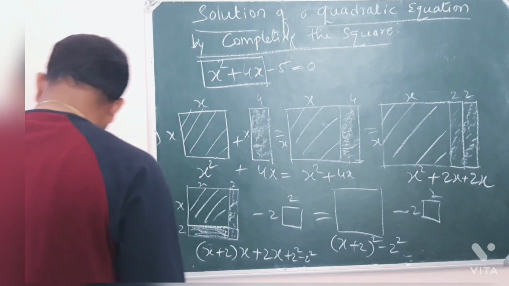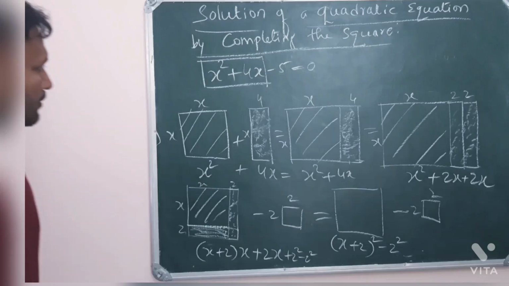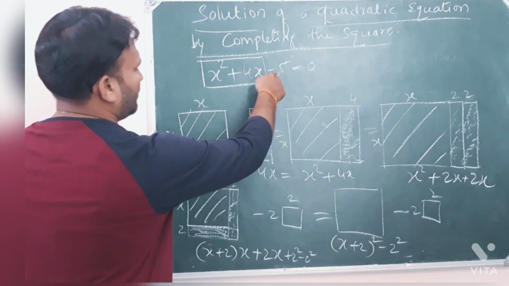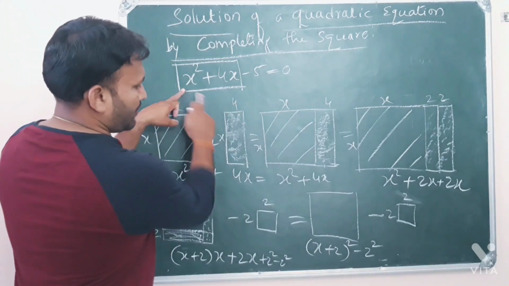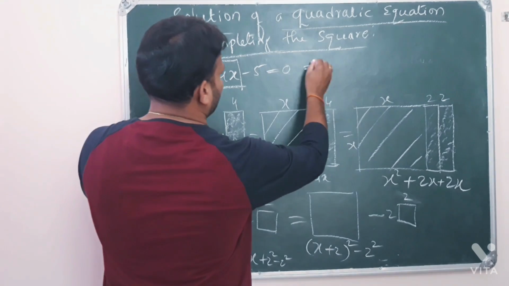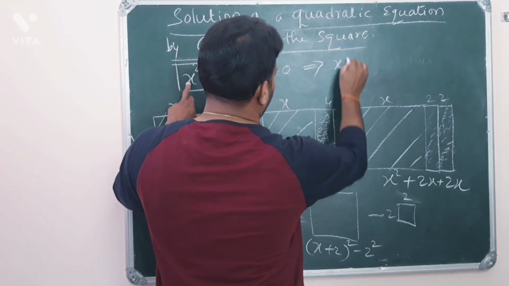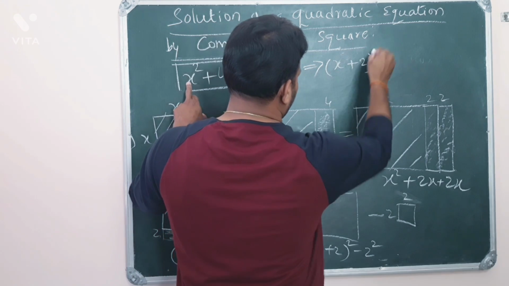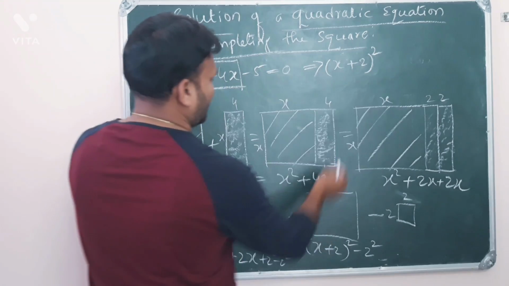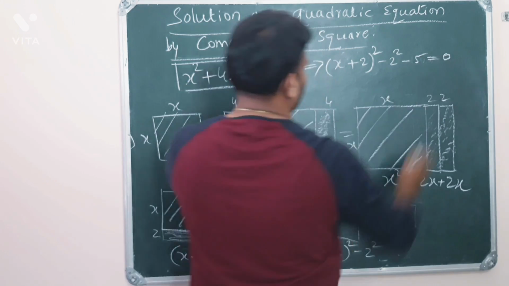Okay, so now this part we have solved. Now this is remaining. This part I will write like this. X square plus 4x can be written in this way: x square plus 4x can be written as (x plus 2) square minus 2 square, minus 5 is equal to 0.